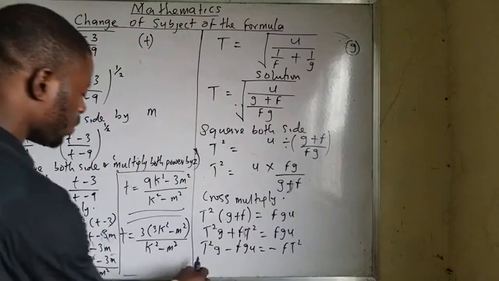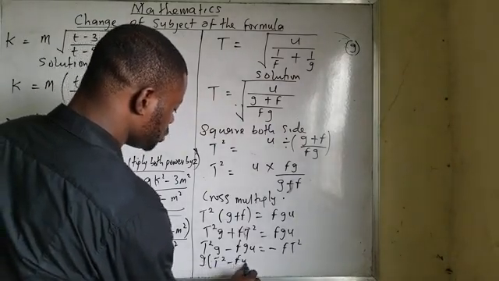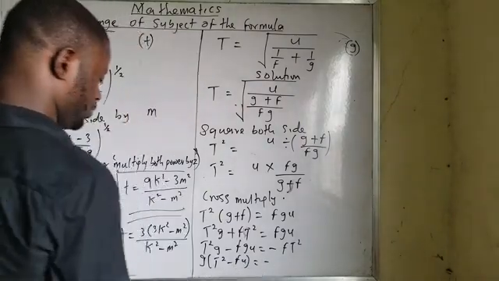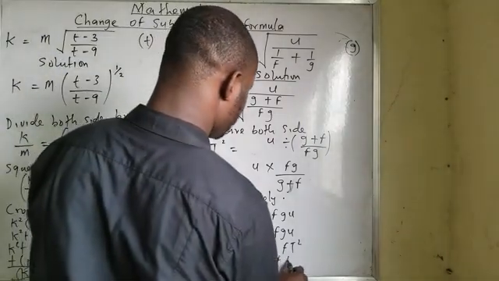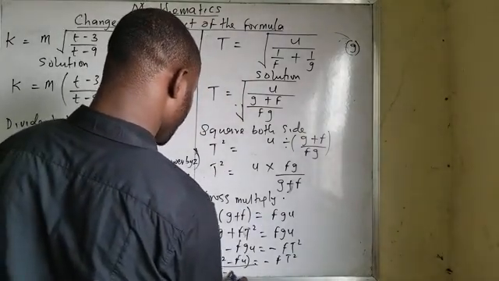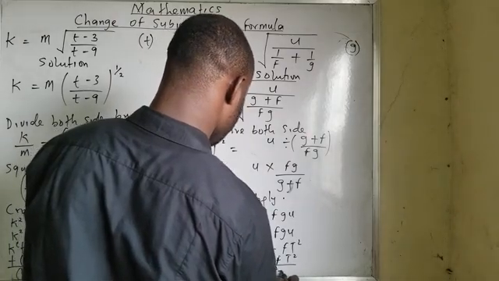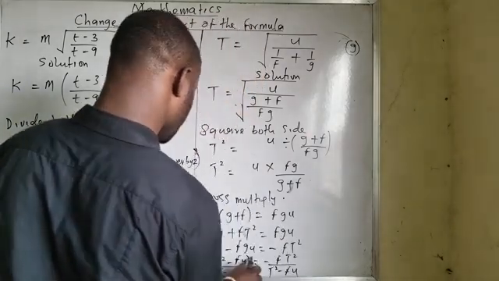Now, I can answer that my G bracket of T squared minus FU equals minus FT squared. Divide both sides by T squared minus FU. This will cancel this.